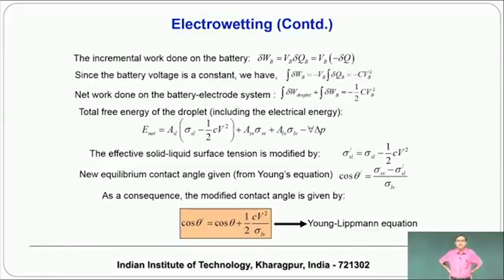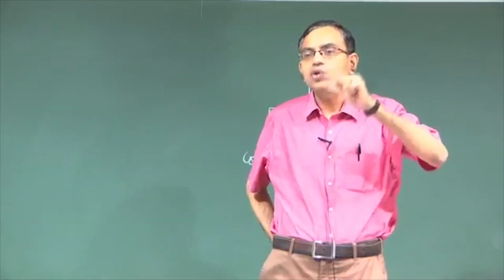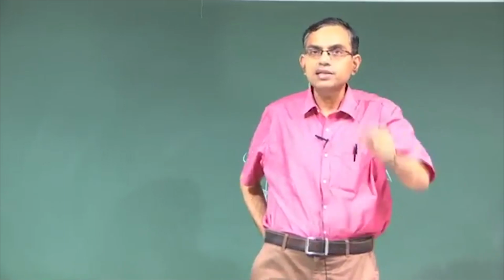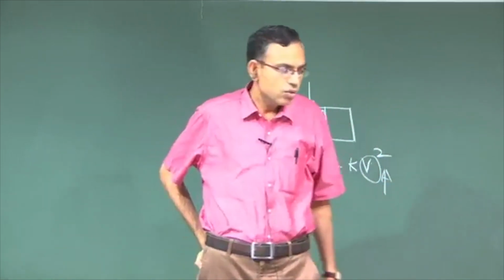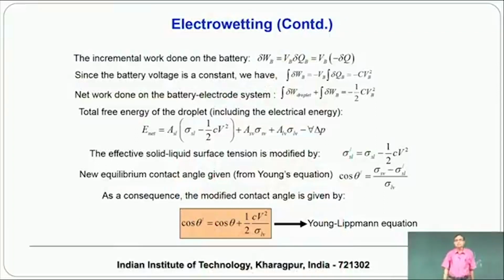That half parameter is not coming here because for the battery the potential is constant, whereas for the droplet the potential is varying from 0 to VB. So that integration is there. So what is the total work done? Total work done is half CV square minus CV square, so minus half CV square.